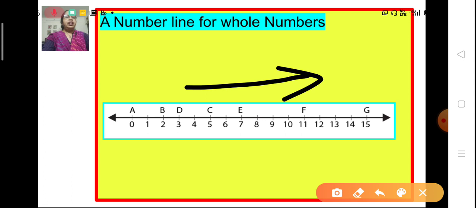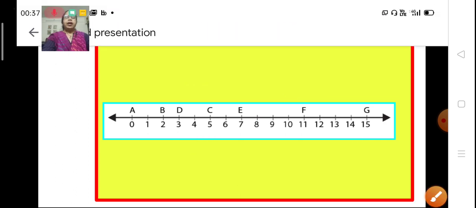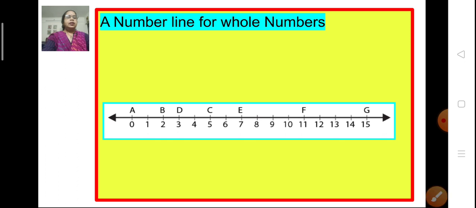Every number on the right side of a number is greater, and when we move towards the left, the numbers decrease. Any number on the left of a whole number is lesser than that number. If we take 5, then 4 is lesser than 5. If we move towards the left, the numbers go on decreasing.